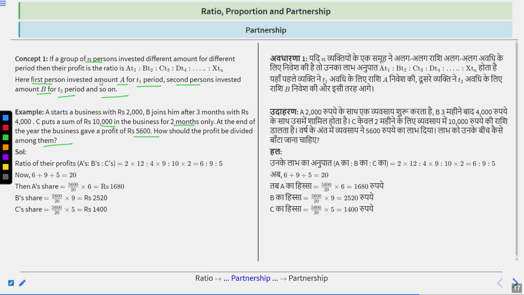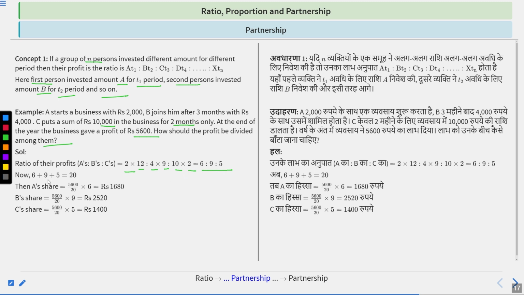According to this concept, first we make the A1, A and T1. So A invested 2000 for 12 months, as given in the question. Clear? B invested 4000 for 9 months and C invested 10,000 for 2 months. When you solve it, you get the ratio, which after dividing becomes 6:9:5.